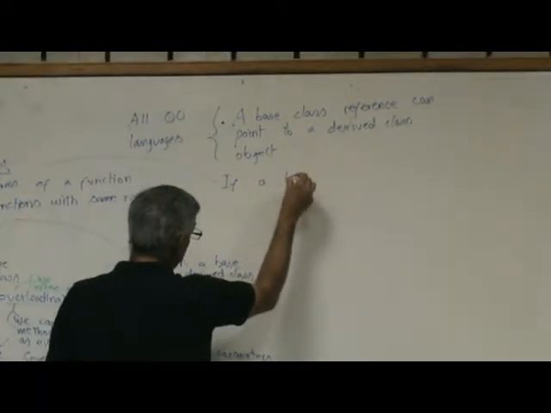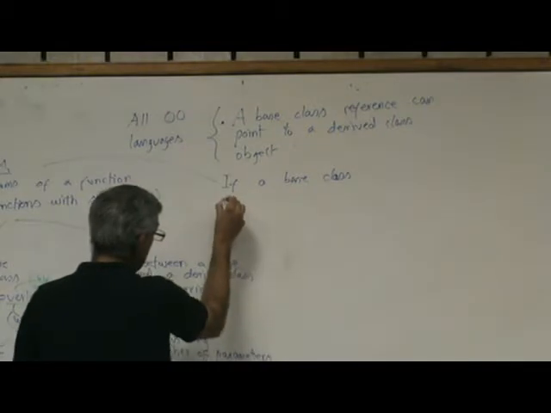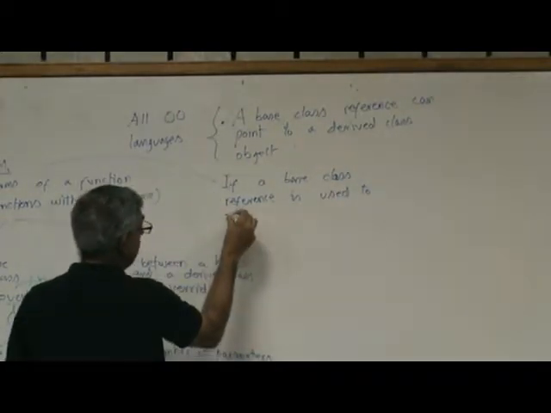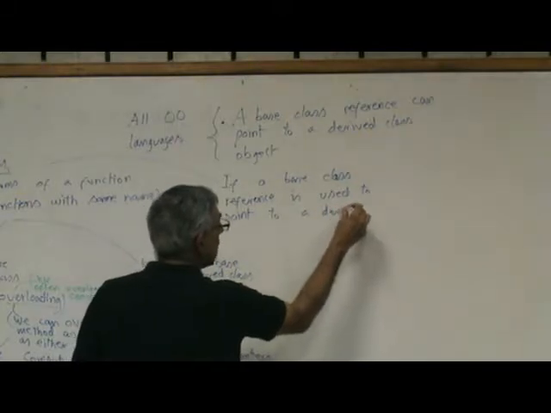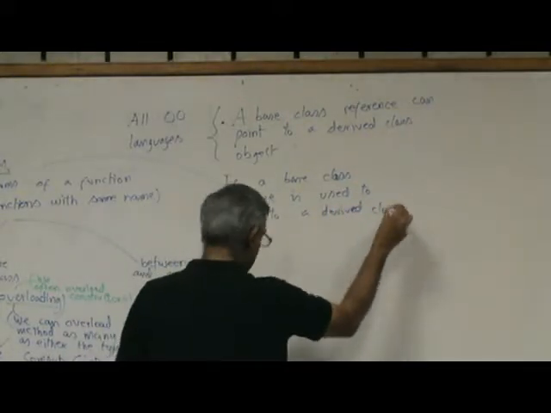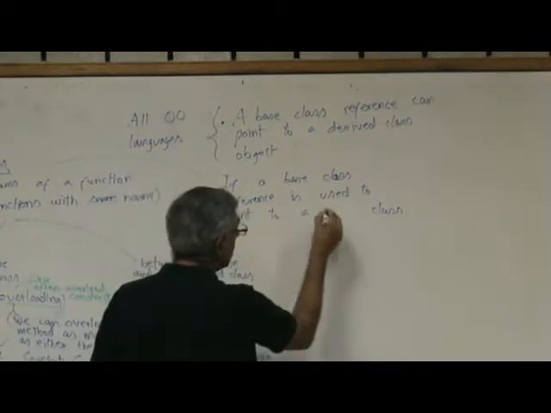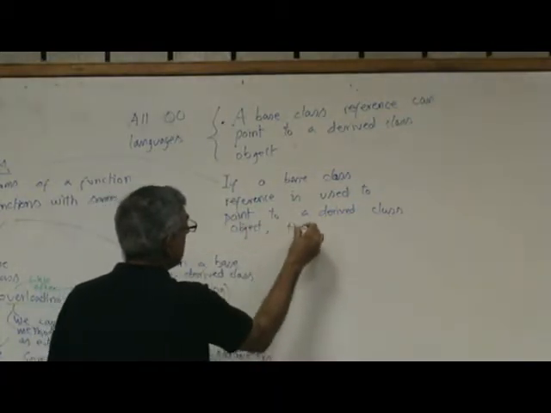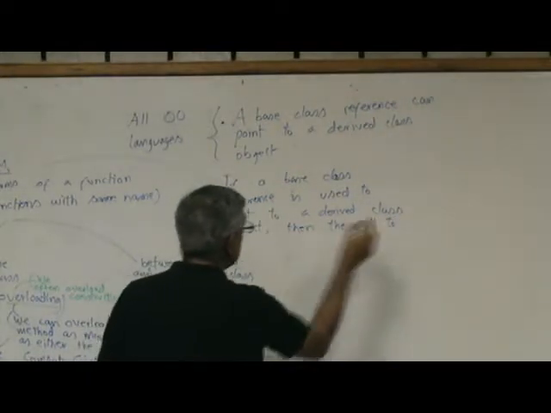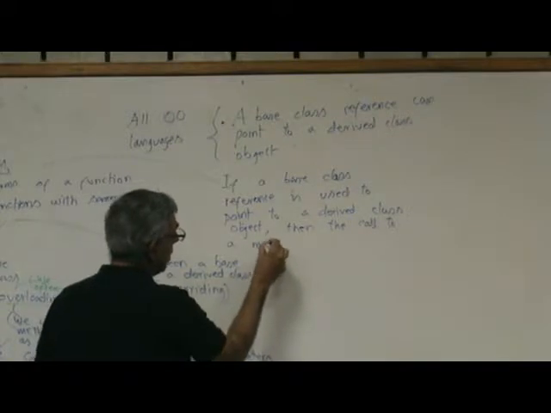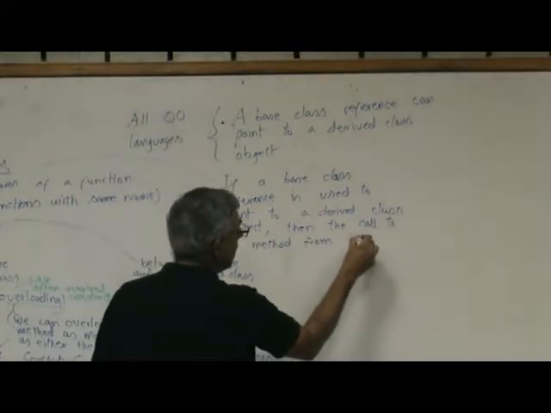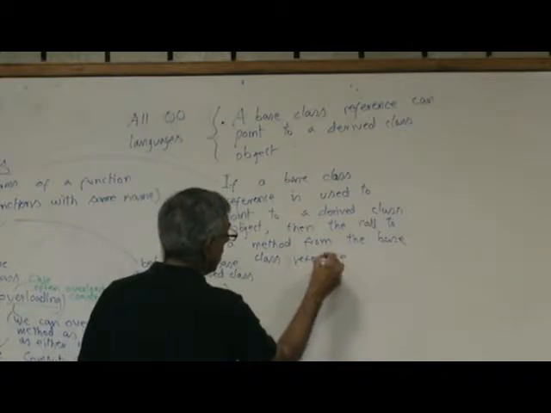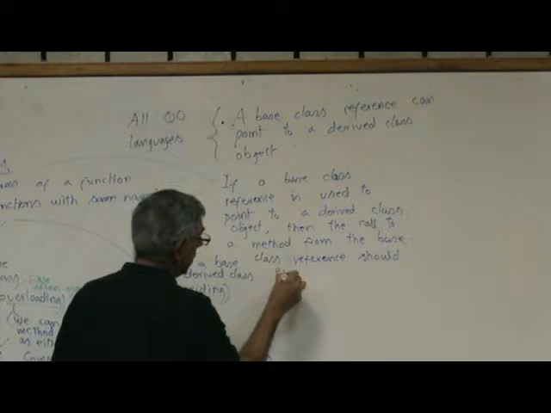In plain English, the polymorphism occurs like this. If a base class reference is used to point to a derived class object, then the call to a method from the base class reference should execute correctly.